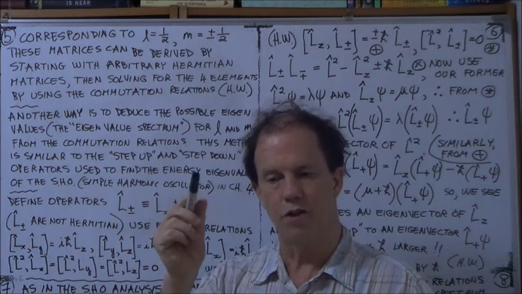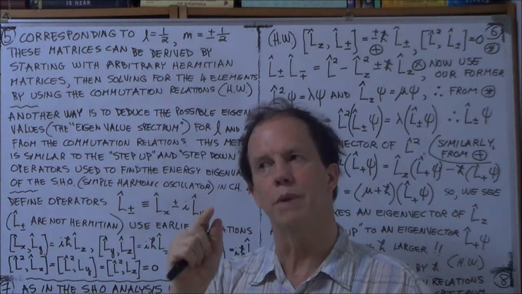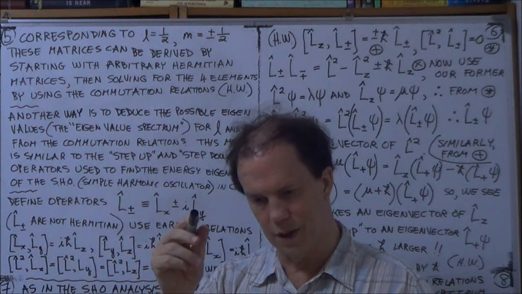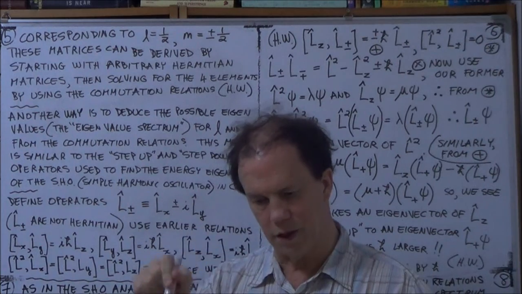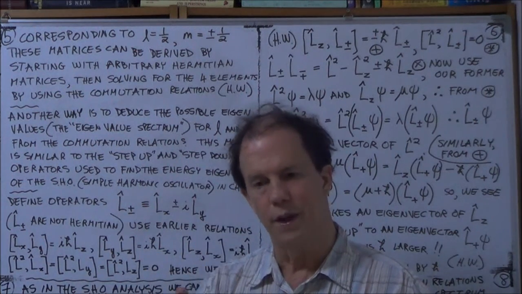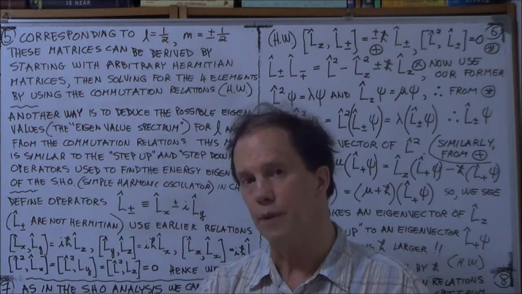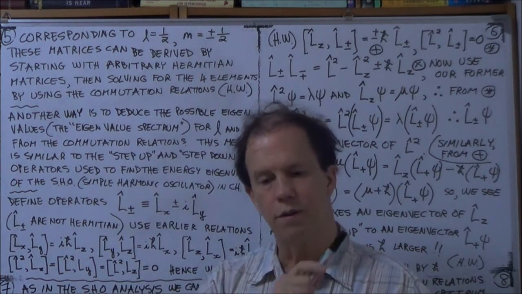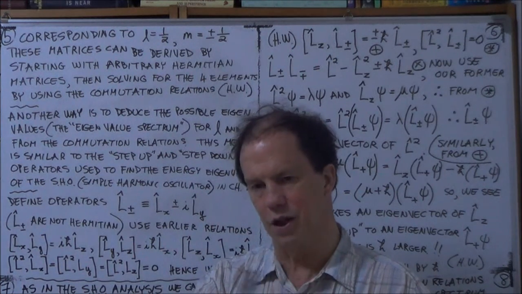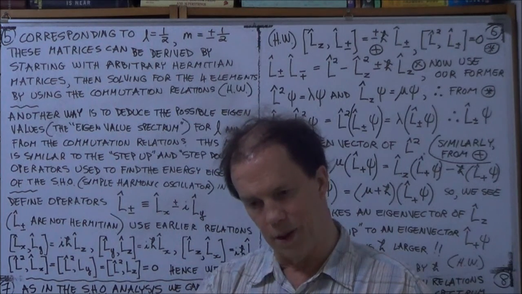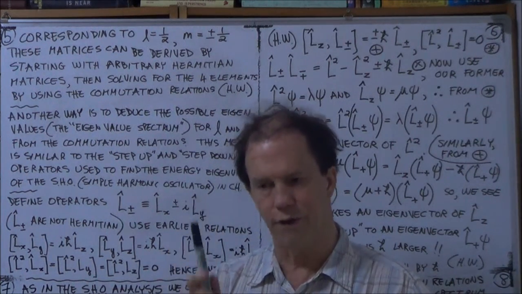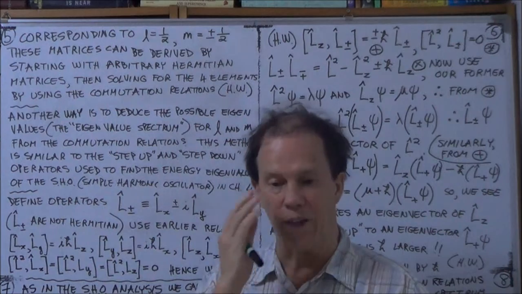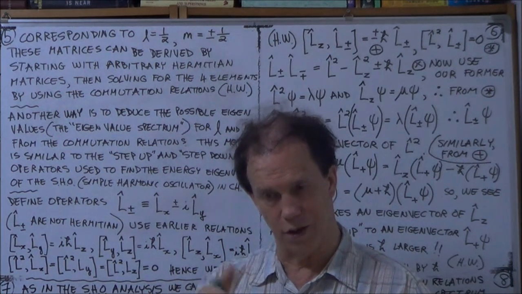So if you're trying to find the 2 by 2 matrix representation of the Lz operator, let the matrix be A, B, C, D, the 4 elements. Now this matrix has to be Hermitian, and that's true of all of them, so there you have a bunch of constraints. Because the operators themselves are Hermitian, the matrices must also be Hermitian.